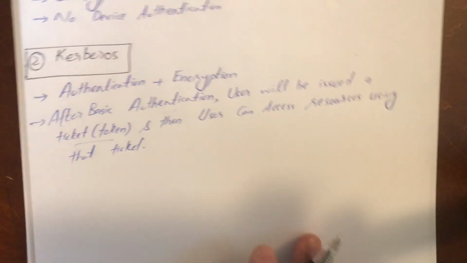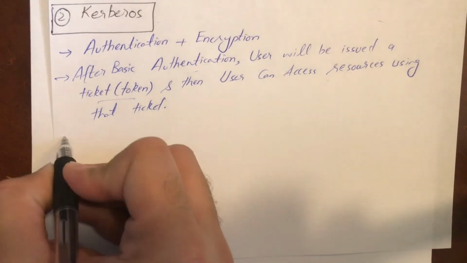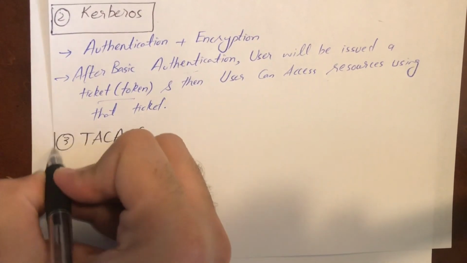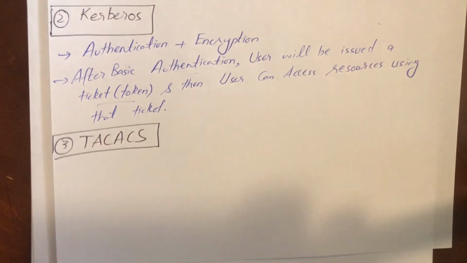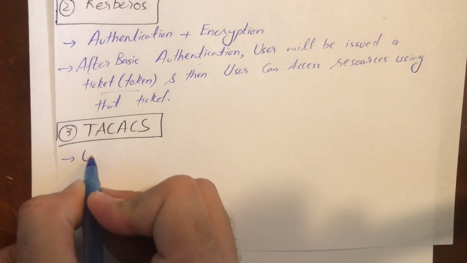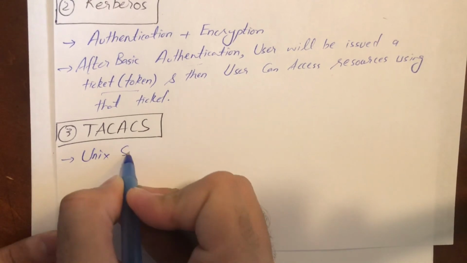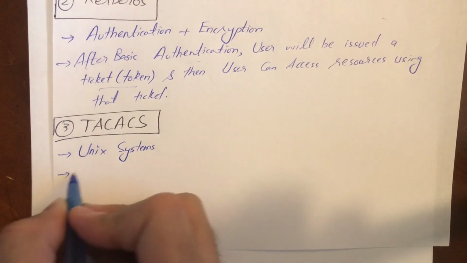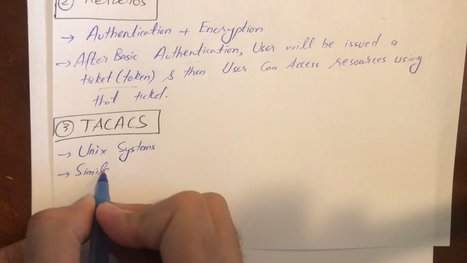Last is the Terminal Access Controller Access Control System, TACACS. First of all, it is compatible with Unix systems. It is similar to Radius.